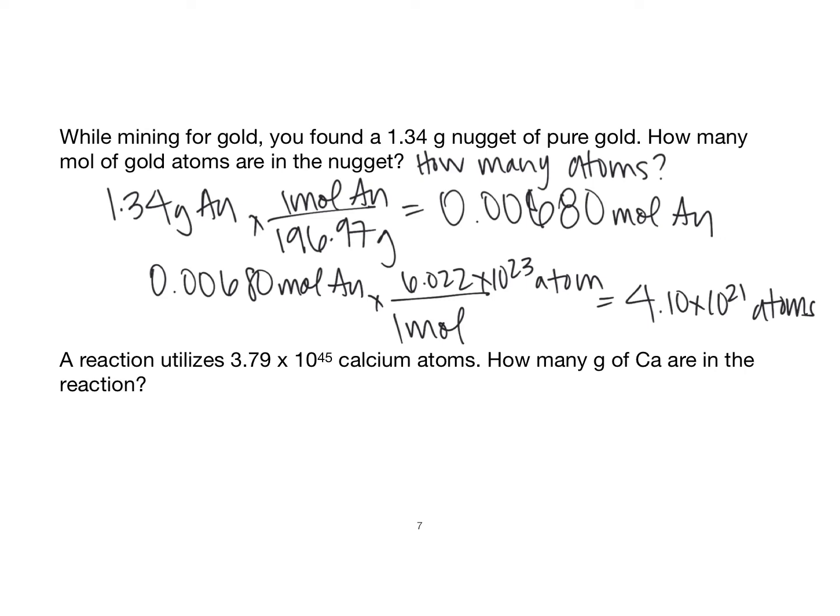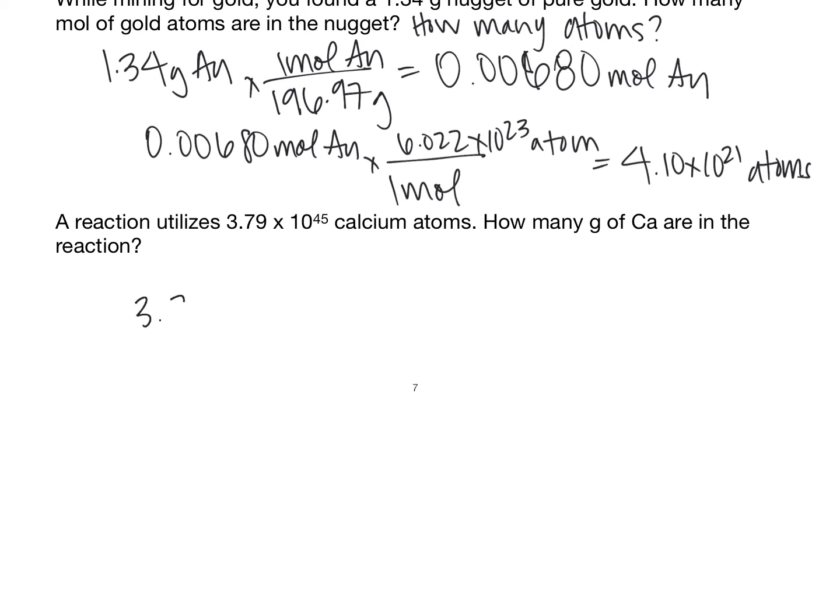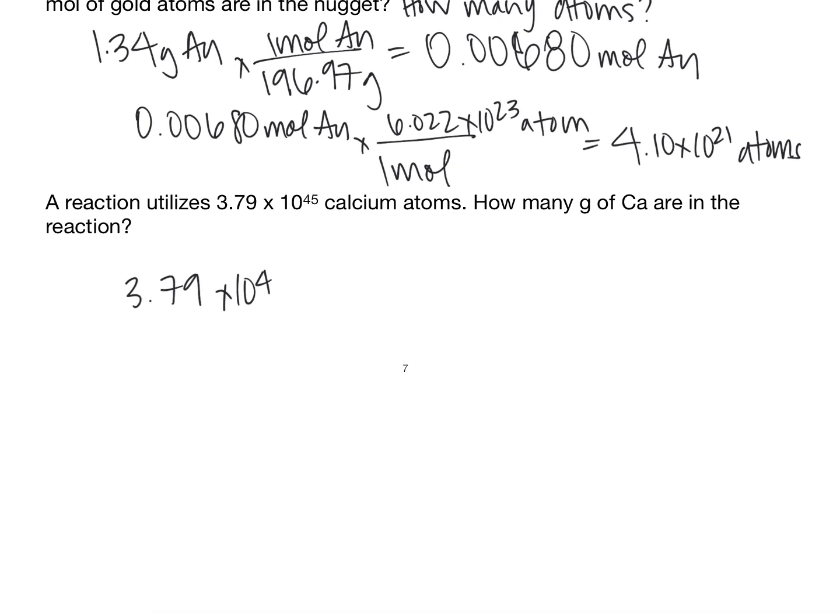So in this next example, a reaction utilizes 3.79 times 10 to the 45th calcium atoms. How many grams of calcium are in the reaction? So we know that 3.79 times 10 to the 45th atoms are in this reaction. And we know 6.022 times 10 to the 23rd atoms in 1 mole of calcium.